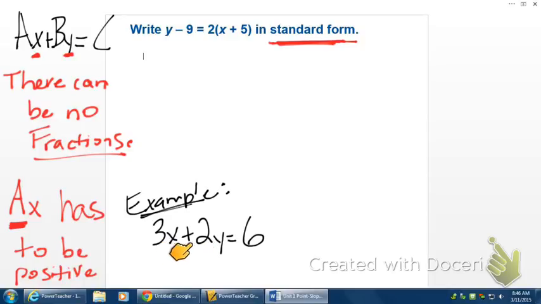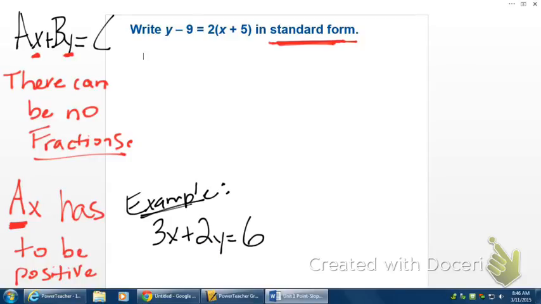That's the easiest way to remember it. Standard form, X and Y on the same side. The 2 with the negative would be 3x minus 2y. If the 2 was negative, it would be 3x minus 2y, yes. So it's still pretty much the same.